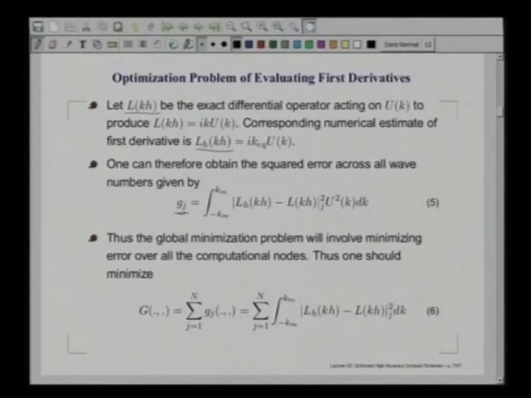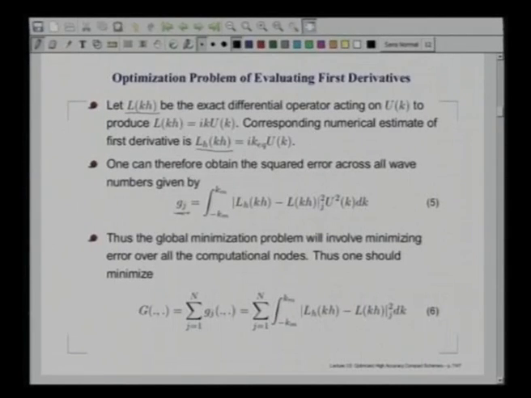Ideally we would like to take it from minus k m to plus k m, and we like to get that, but we will not always get it. So, we may actually take a fraction of k m. We will talk about it later.